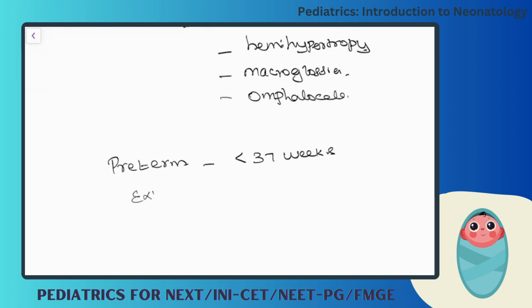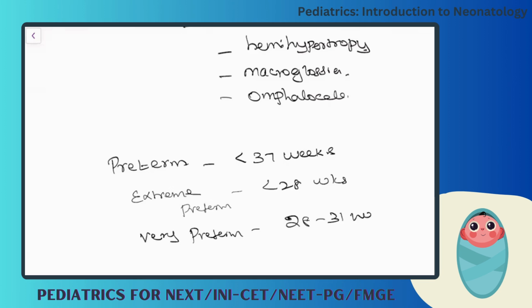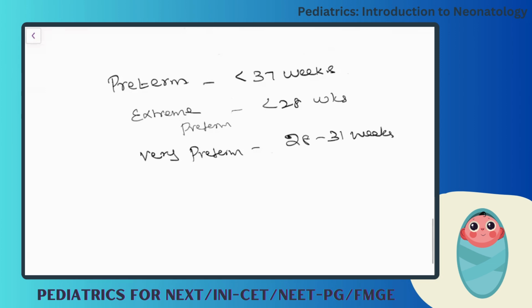Extremely preterm, okay? Extreme preterm, less than 28 weeks. Very preterm, 28 to 31 weeks. Moderate, 32 to 33 weeks.